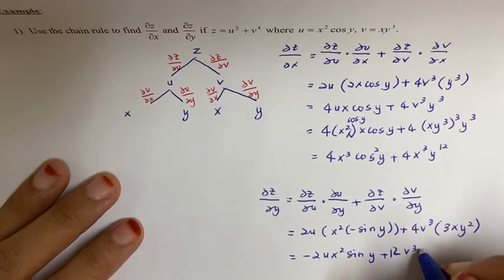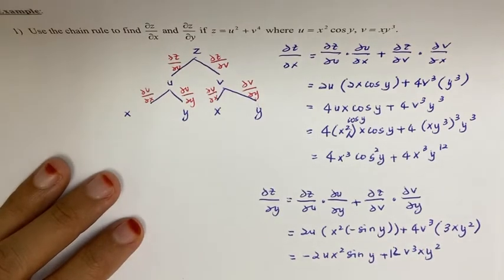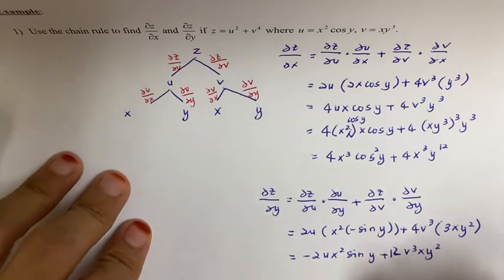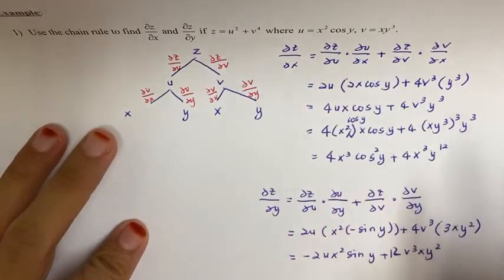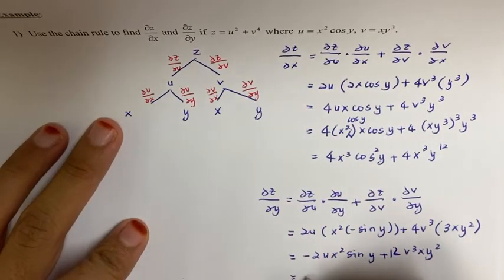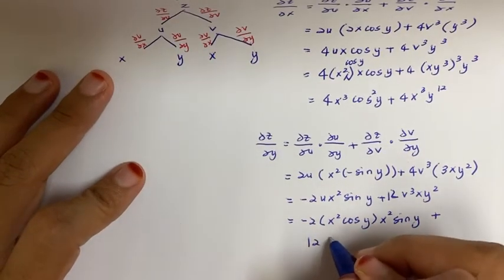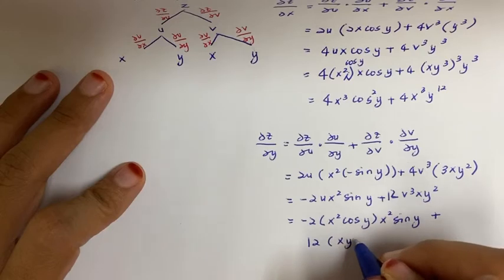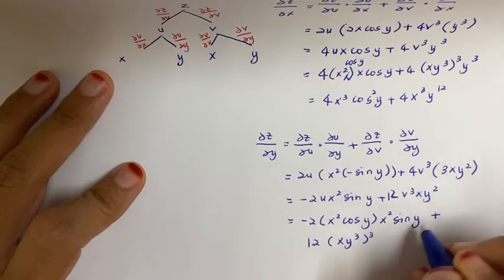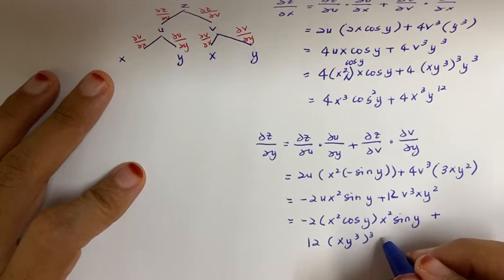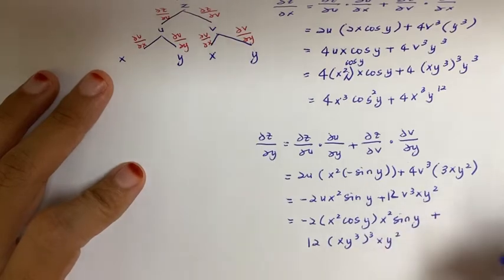So this can be written as minus 2u x squared sin y plus 12v cubed x y squared. But remember, you need to substitute the values of u and v. So this is minus 2 times u, which is x squared cos y, times x squared sin y, plus 12 times v cubed, which is x y cubed cubed, multiplied by x y squared.